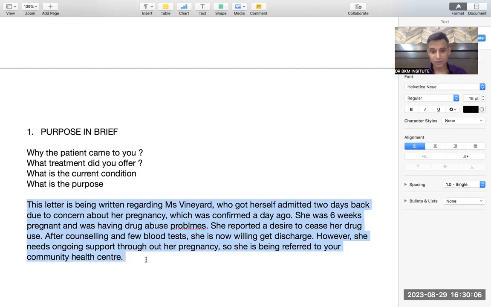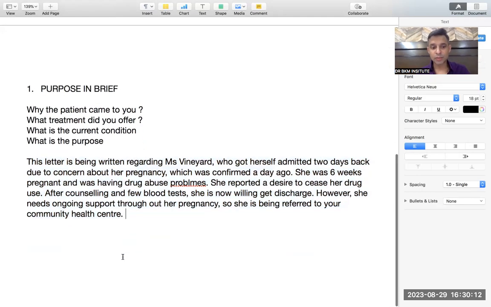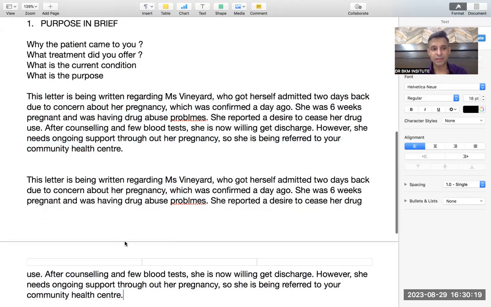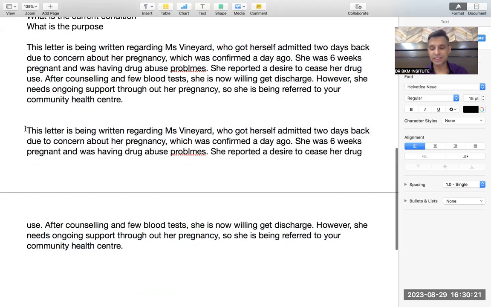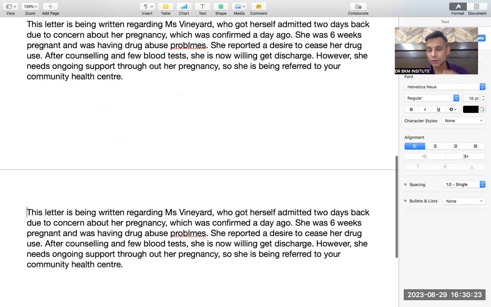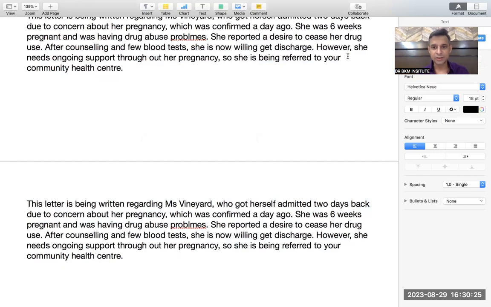If you want to make it simple, the main purpose is ongoing support. So you can also write in a simple way. If you guys want to make OET further easy, I will try to write that thing for you as well.